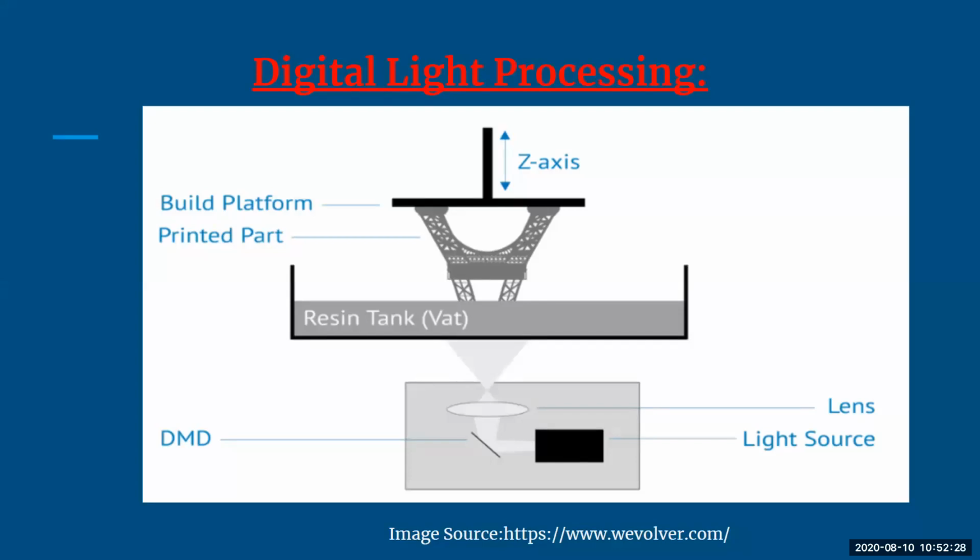So here we have a process where at each step, first we have a digital projector. This is nothing but a light source, the DMD, that is, digital projectors. Then we have a lens and light in this digital projector, which will help direct where the light beam is projected from the digital light projector. Next, we have the resin tank, also called a vat.